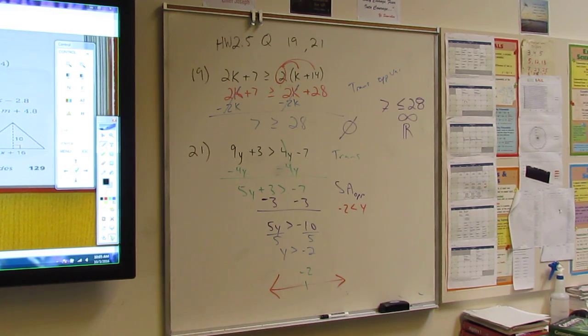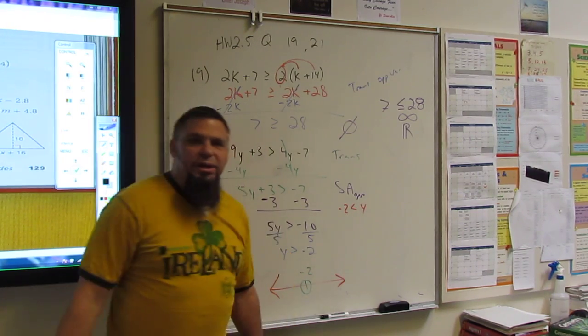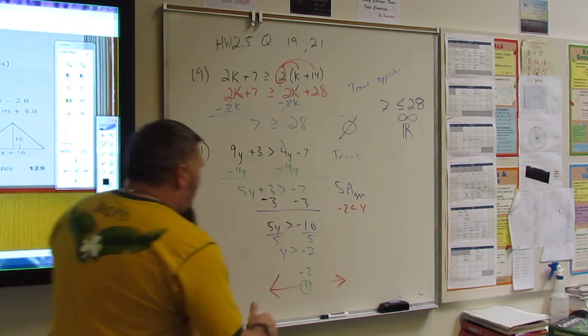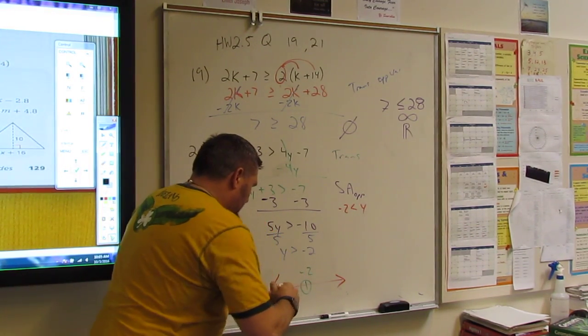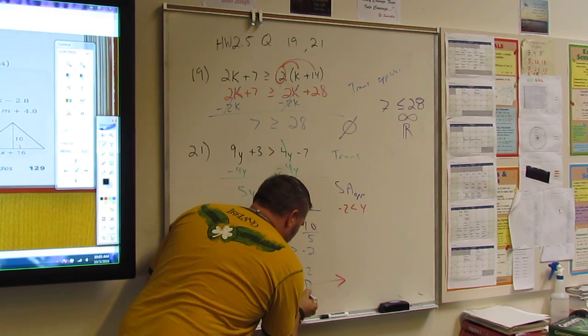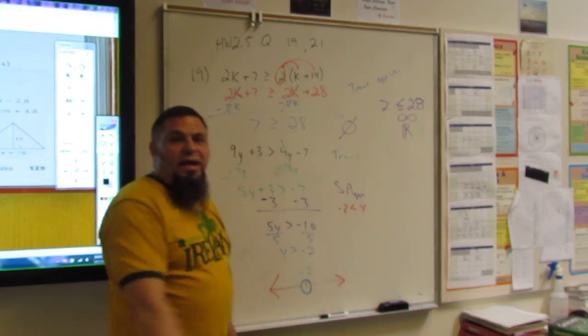So what I'm going to do is I look at this. If there's no equal to sign, I have to put an open circle there. If there's no greater than or equal to sign, I have to put an open circle. That makes sense? This is an open circle. Okay? And then it goes in the direction of the arrow.